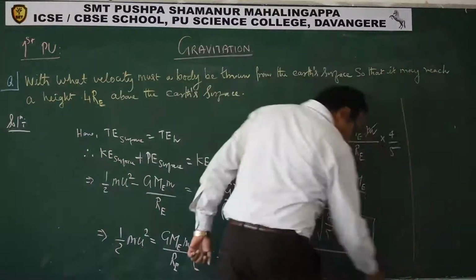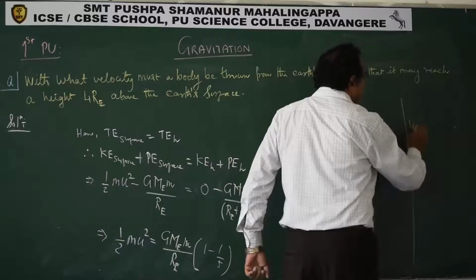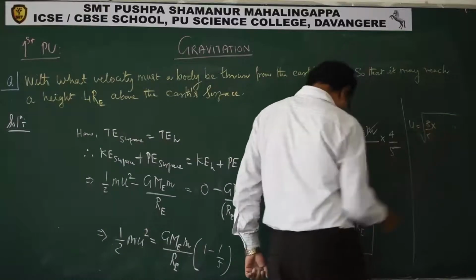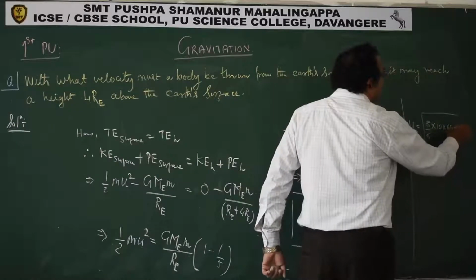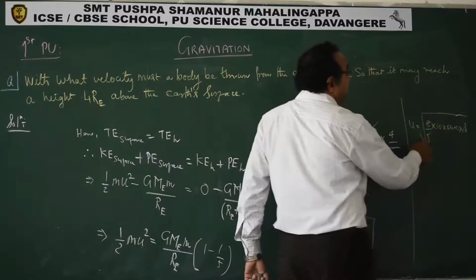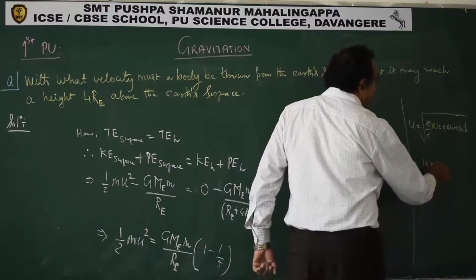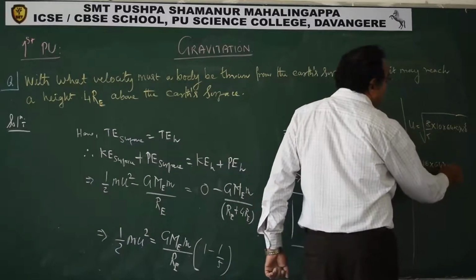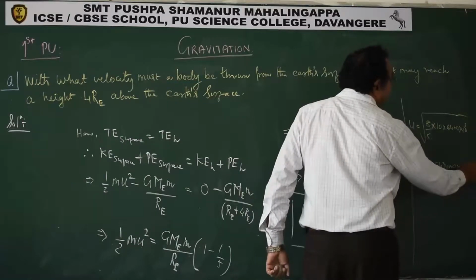See, you can leave it here also. Otherwise, you will work it out as the square root of 8 by 5 into g is 10 into 6400 into 10 power 3. So you can simplify this. 5 and 2, so you get 16 into 64 into 100 into 100 and into 10.